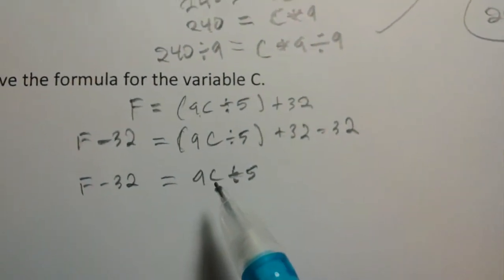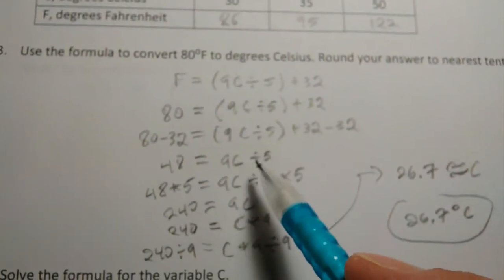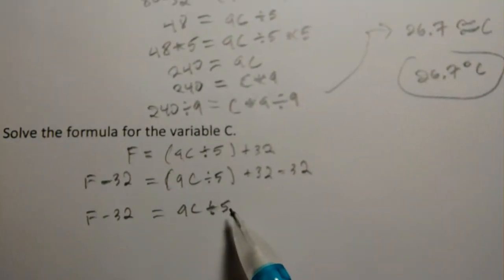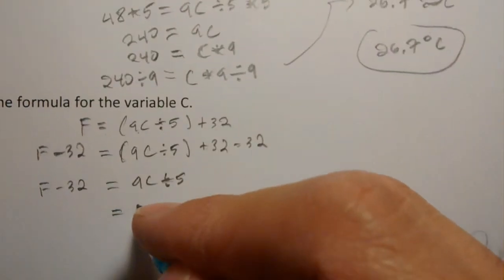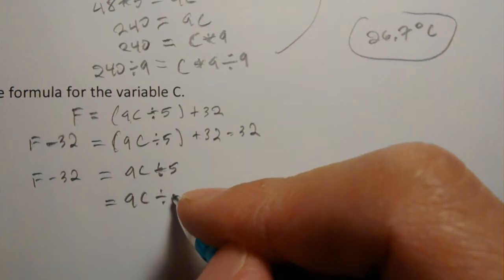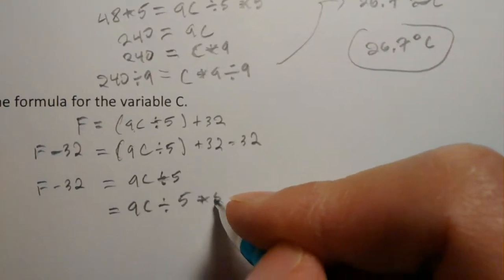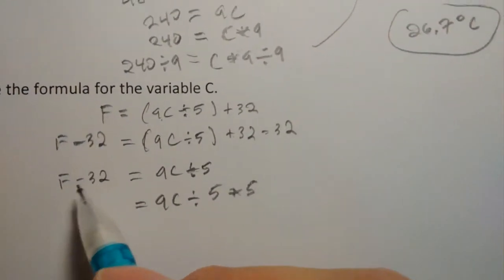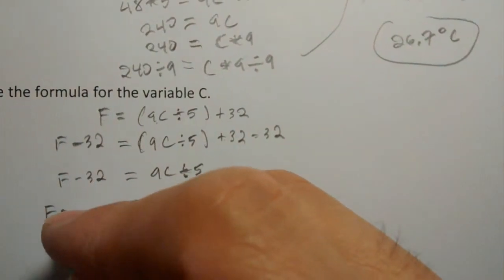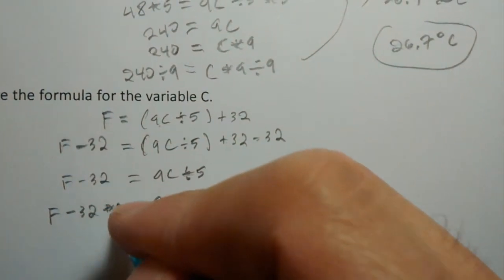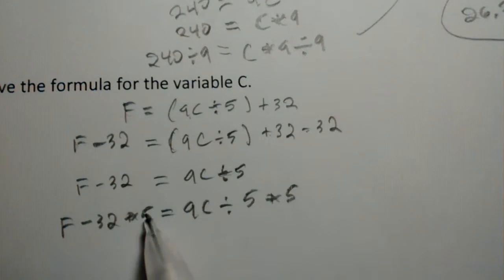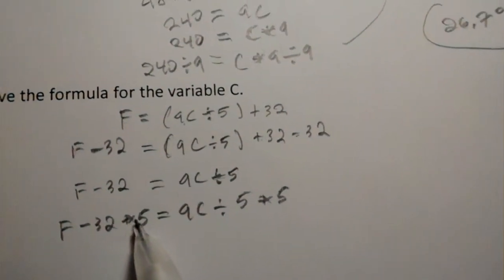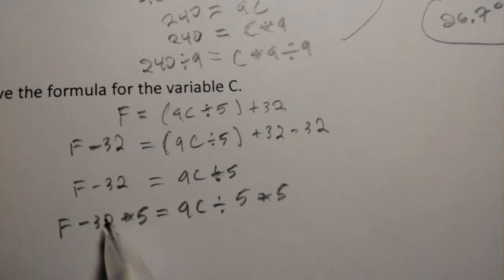Alright, next, like we did up here to solve for c, we're going to undo this division by multiplying by 5. And we're going to multiply this left side by 5. If I leave it like this, it would appear that the multiplication of 5 is only happening with the 32.